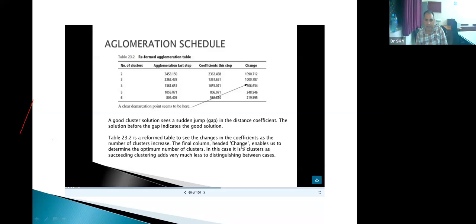The final column headed change enables us to determine the optimum number of clusters. In this case, it is 3 clusters, as the succeeding clustering adds very much less to distinguishing between cases. So here this distance is considerable, the change is considerable, but here we are having much lesser change. So this way we can make up to 3 clusters.